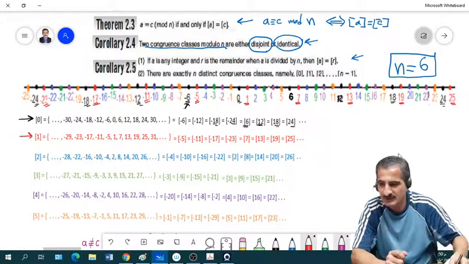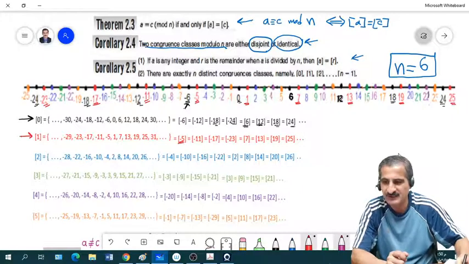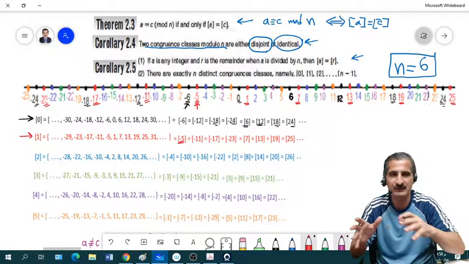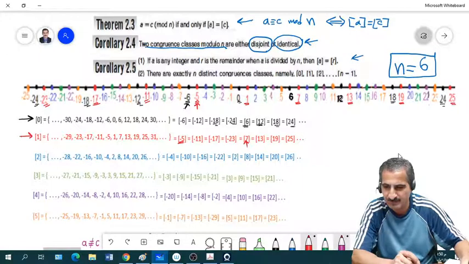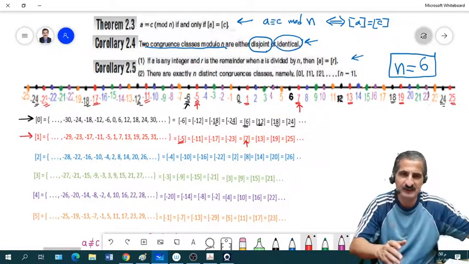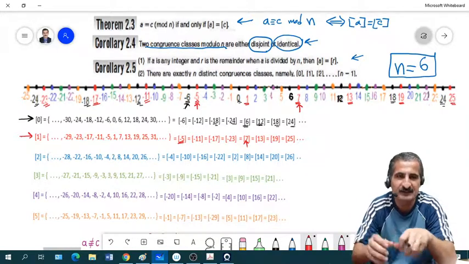Good. Now, same thing I will say here. It is the same as the congruence class of 5. Start here at 5 and jump by multiples of 6. You will find yourself in the same set. Or if you start at 7 here and then jump multiples of 6, then you will find yourself still in the same set which has a red color.